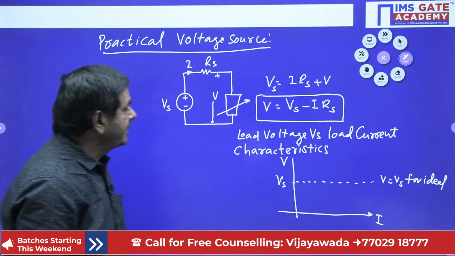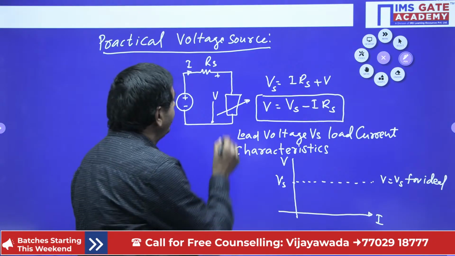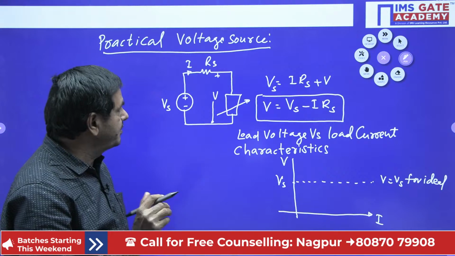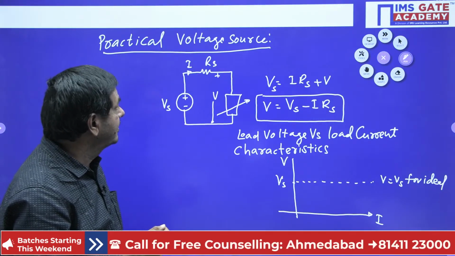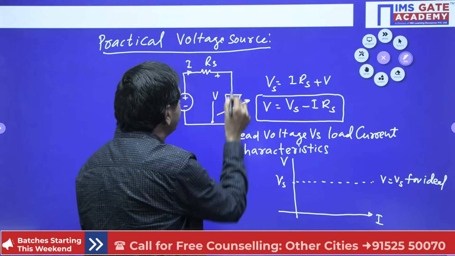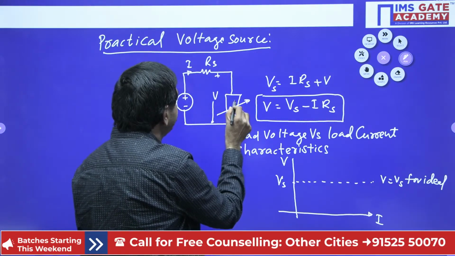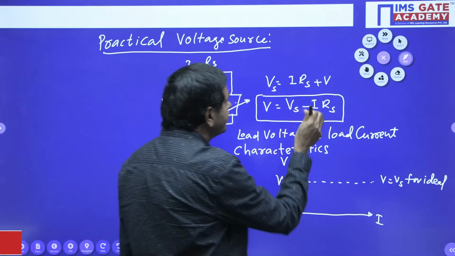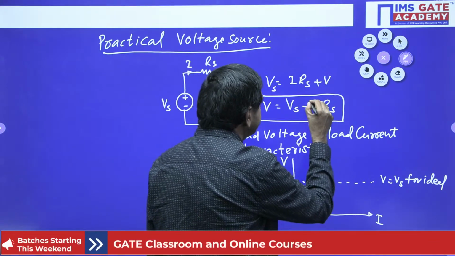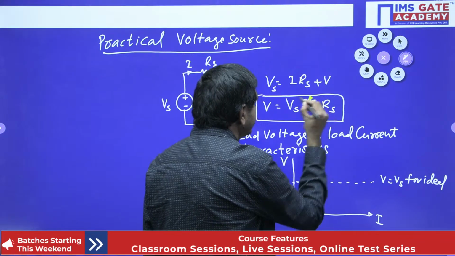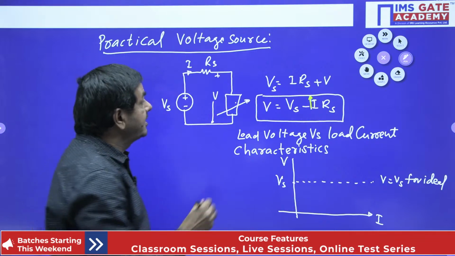Whenever it is a practical case, what is going to happen? When you are changing the load, variation of the load is made, the current also changes, and when the current changes, V also changes. For example, I want to increase this I value.